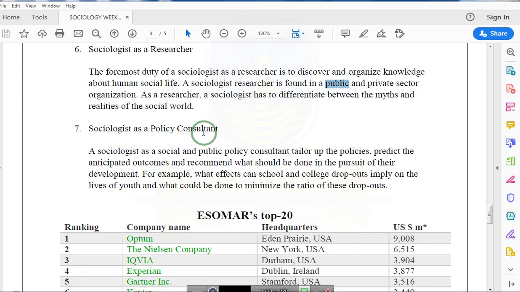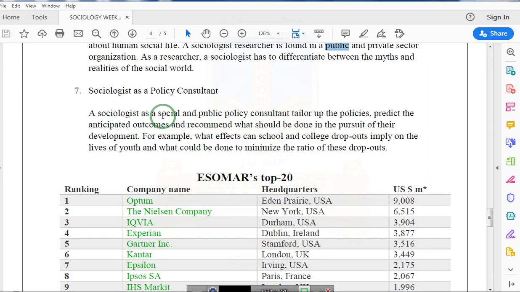Sociologist as a policy consultant. A sociologist as a social and public policy consultant tailors policies, predicts the anticipated outcomes, and recommends what should be done in the pursuit of their development.